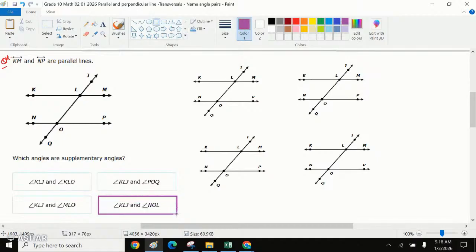Let's look at this option over here and see if they are supplementary, yes or no. So we have KLJ and NOL. Where is K, L, J? K, L, and J, this angle. And we have N, O, L, this angle, right? So these two angles are not supplementary, right? Okay, moving on further.